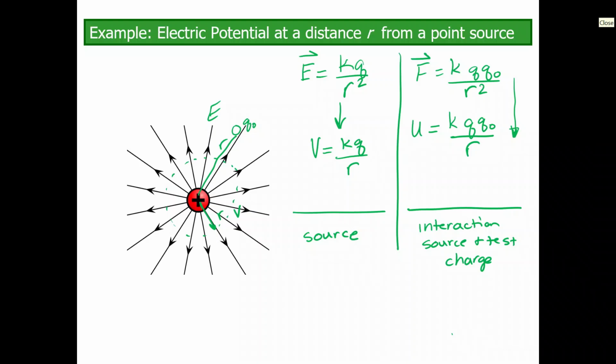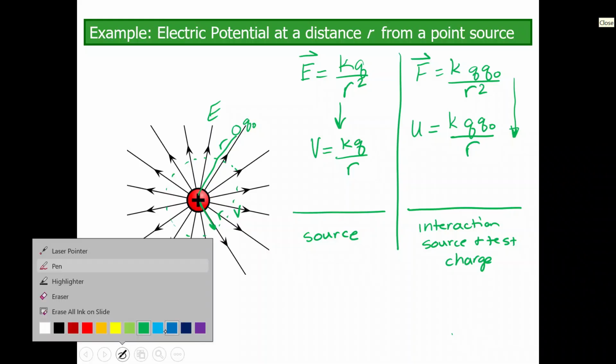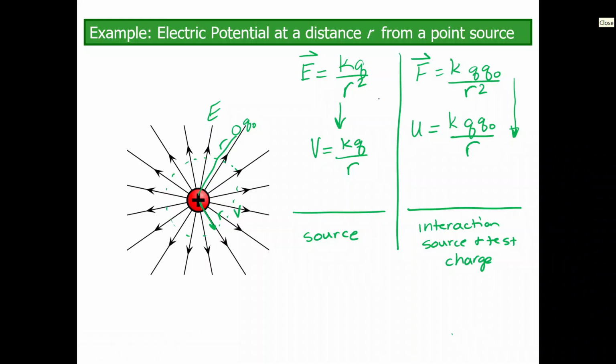And the whole way you go back and forth between those is just the fact that our electric field is our force over our test charge, and our electric potential is our potential energy divided by our test charge. So we can eliminate that test charge and go this direction, from our force to electric field.